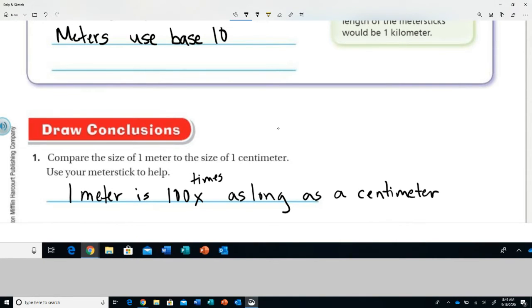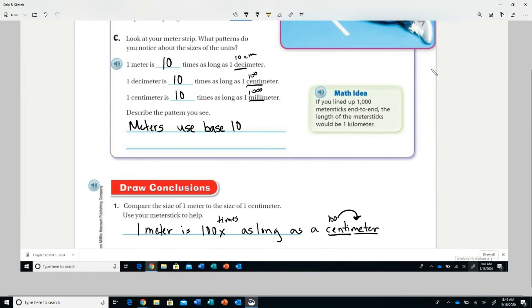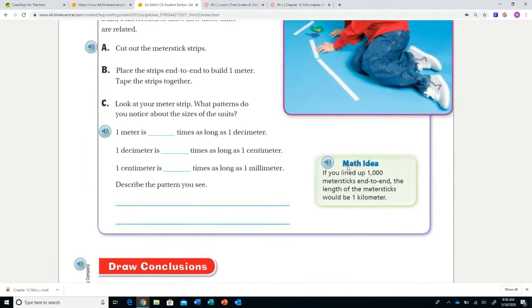And the clue really is in the prefix here. Centi means 100. So I need 100 centimeters to equal 1 meter. It actually does work a little easier on the math when you do meters versus inches, feet, and yards, but we're less familiar with it, which makes it a little bit more difficult. All right, I'm going to close this out, and we are moving on.